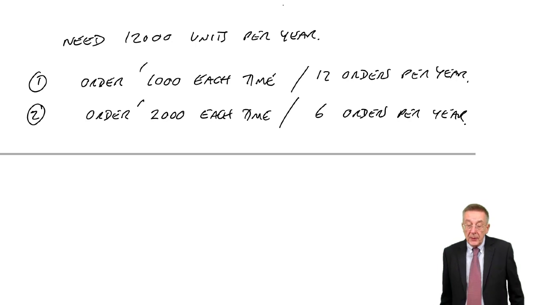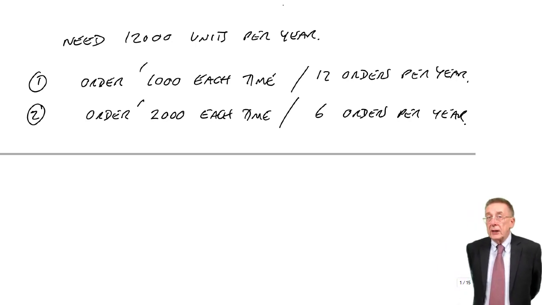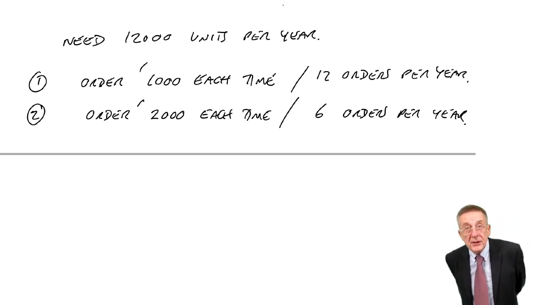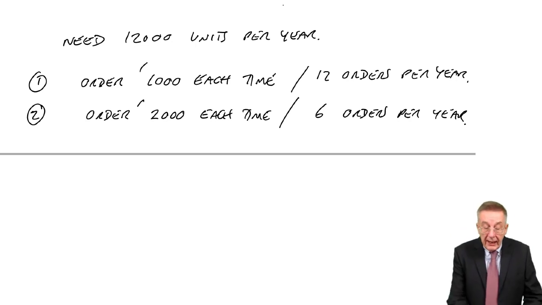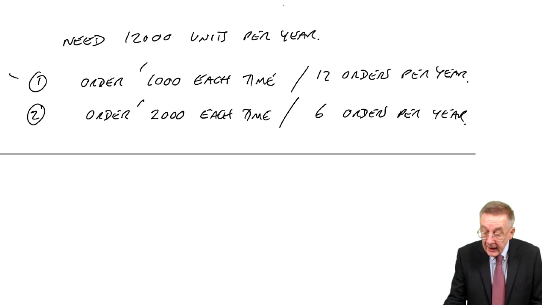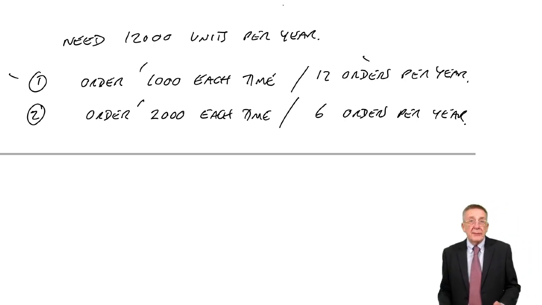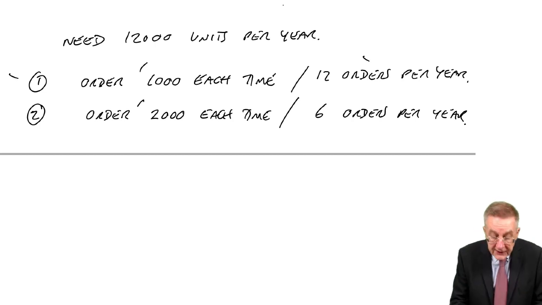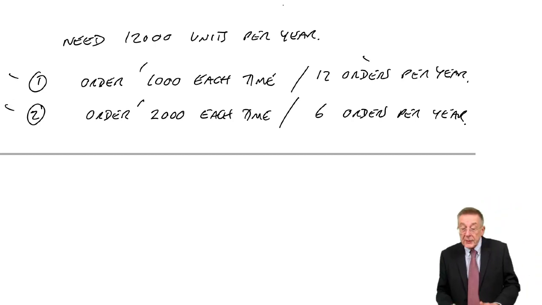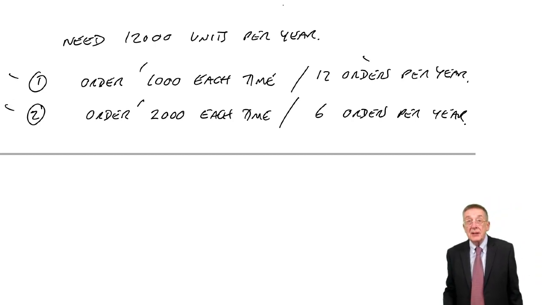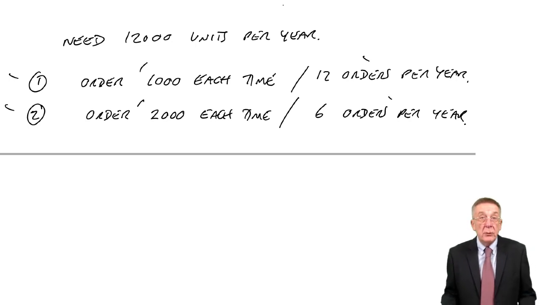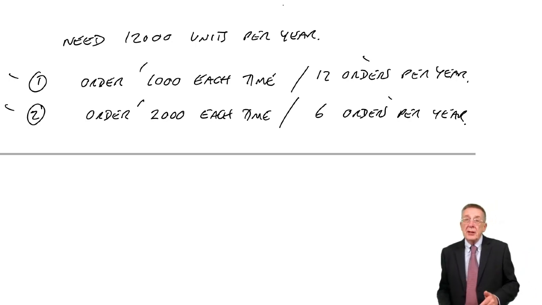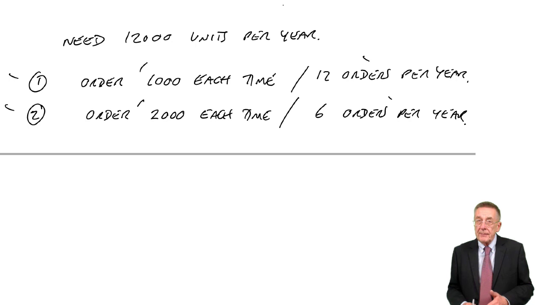If I told you that we had to pay $100 delivery charge every time there was an order, well, over the year, if you order 1,000 each time, it needs 12 orders, and we're going to have to pay this $100 12 times. Whereas if we ordered 2,000 at a time, we'd only need 6 orders. Over a year, it would be cheaper. We'd only have to pay the $100 6 times.